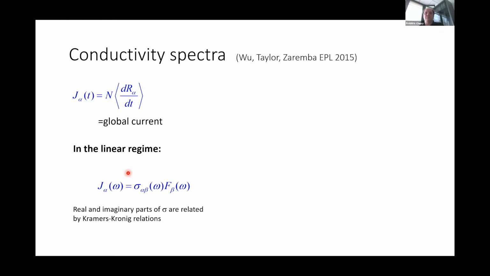So there are lots of general properties associated with this response. In particular, the real and imaginary parts of sigma are related by the Kramers-Kronig relations, because obviously the response will be causal.